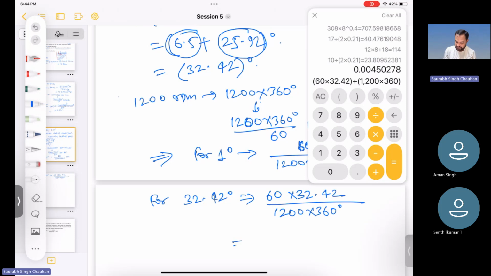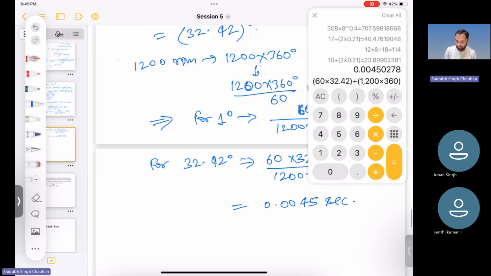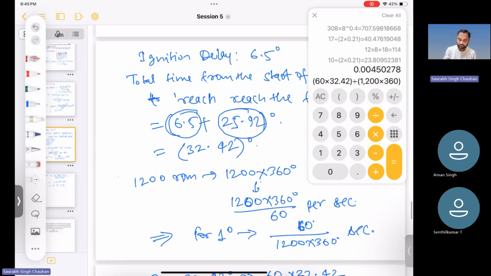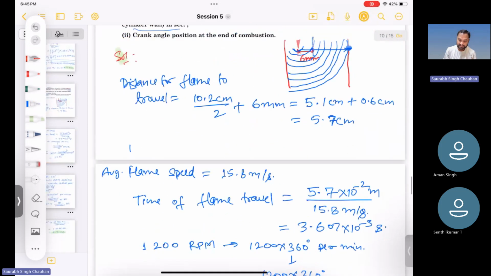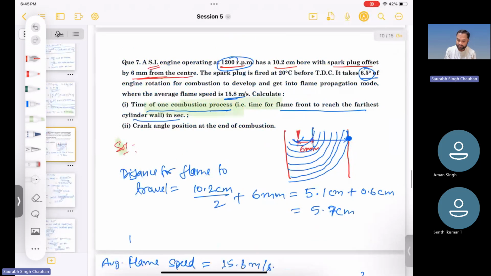This comes out to be 0.0045 seconds, or 4.5 milliseconds, right? So this is what we had to find. This was asked, right? The time for one combustion process.